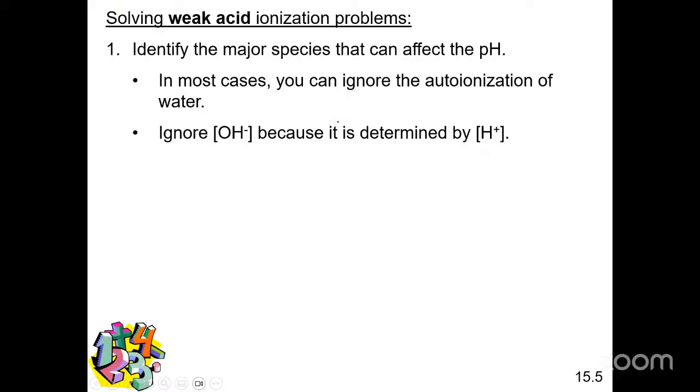And just to remind you, the concentration of OH- times the concentration of H+ is equal to Kw. So basically, if you're given the H+, you can determine the concentration of OH- and vice versa, because Kw is equal to 1.0 times 10 to the minus 14.